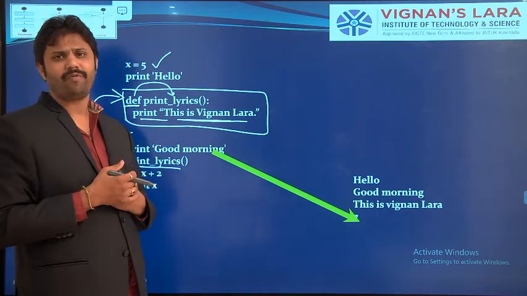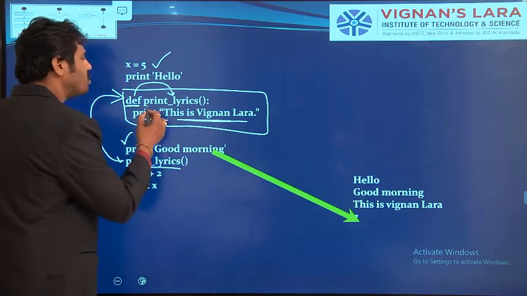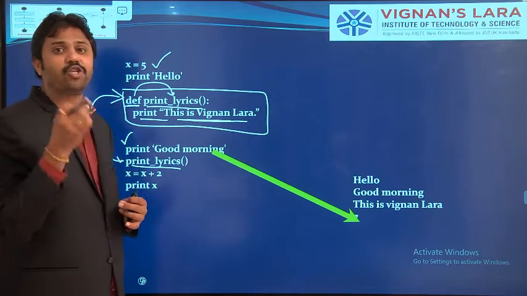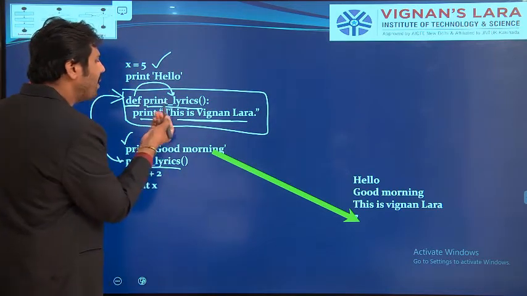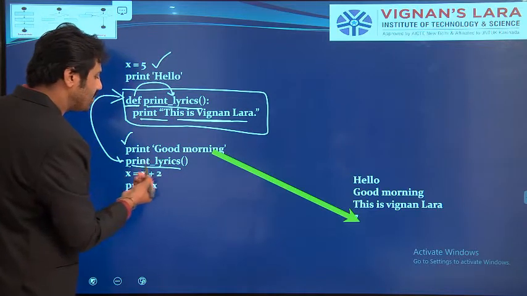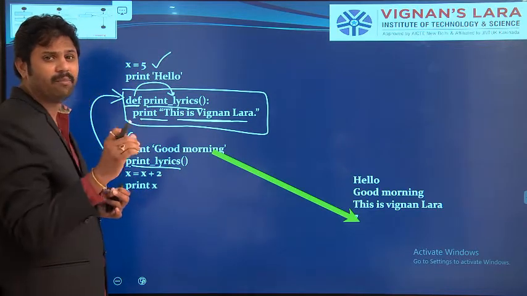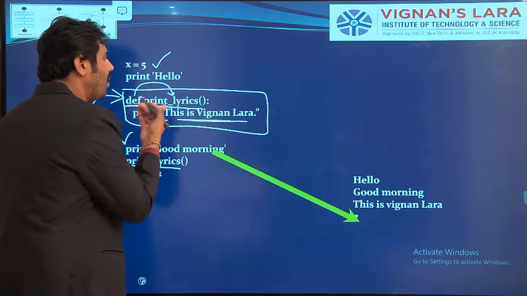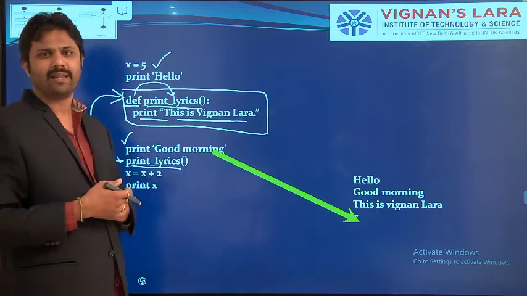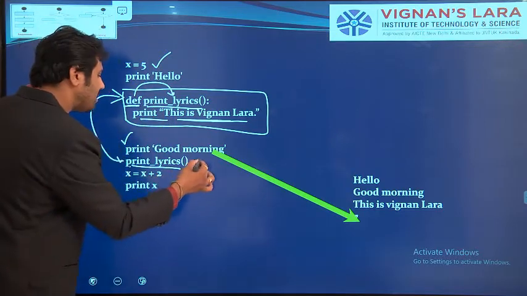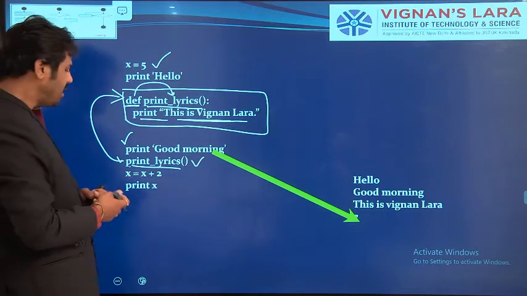How can you call your function? You can call your function by using your function name. What is your function name? Print_lyrics. If you want to give another function name, you can call it with that other function name.